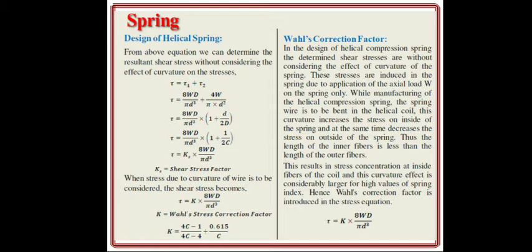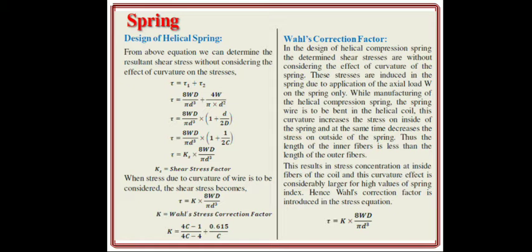So what is the Wahl correction factor? In the design of a helical compression spring, the shear stress determined by the first equation, tau equal to Ks into 8 into WD by pi d cube, is without considering the effect of curvature of the spring. These stresses are induced in the spring due to the application of the axial load W only.